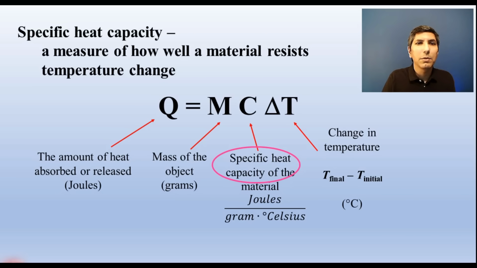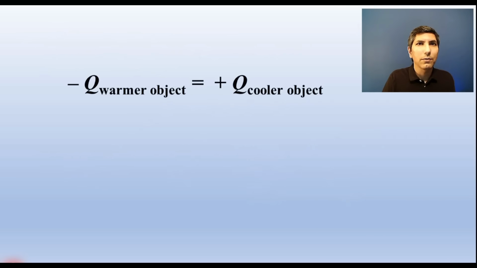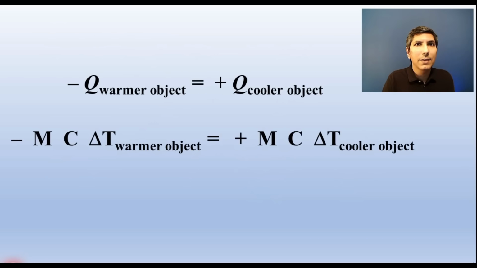A couple of things to remember about this equation. Since energy is conserved, the heat gained by one system is equal to the heat lost by another. So if we have two systems in contact, we might use this equation twice and say that the heat gained by one system equals the heat lost by another, which can also be written like this.